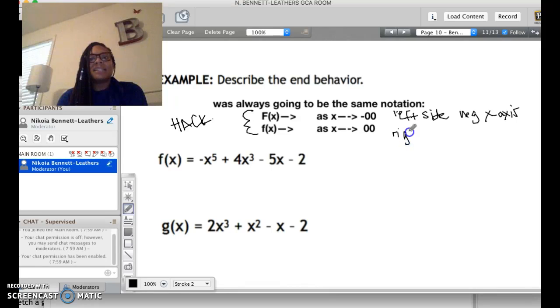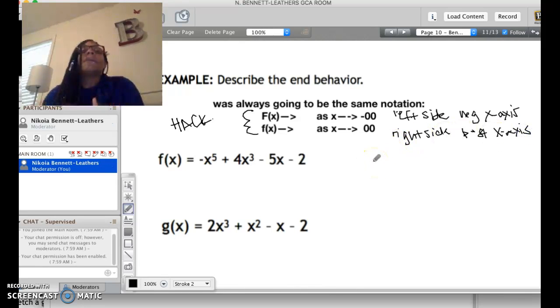We're talking about the right side end behavior of f of x. And that's just saying the positive x-axis. We're pretending like we're looking from the positive x-axis standpoint. And we know, guys, left and right side, that's not going to change. The negative x-axis stays where it's at. So I told you guys this part won't ever change.